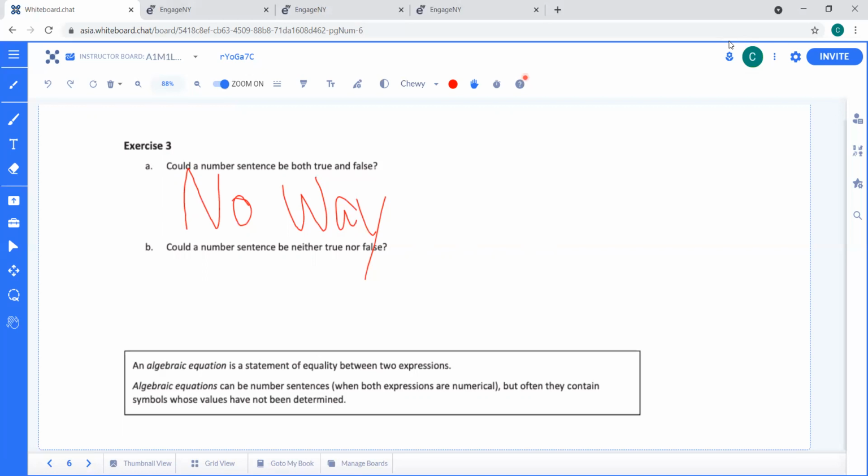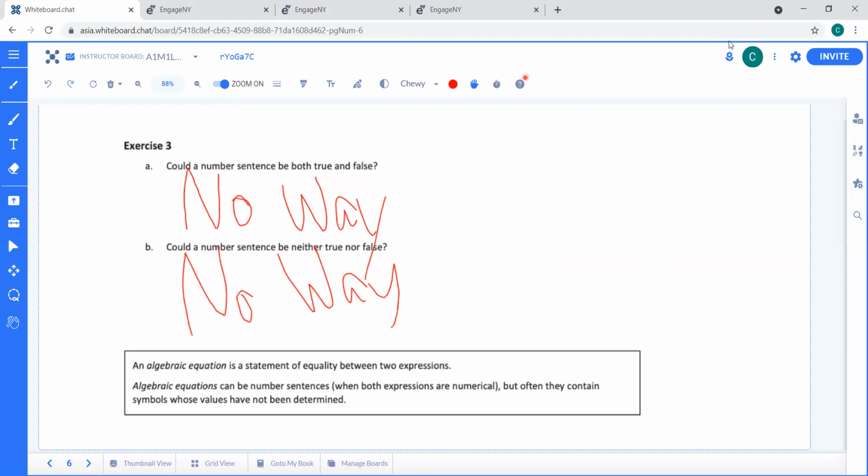All right, so this next one says, could a number sentence be neither true nor false? What would be the other alternative? I'm going to go with no way. It has to be either true or false.